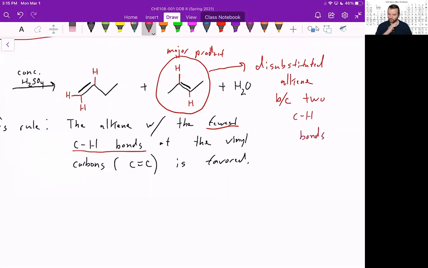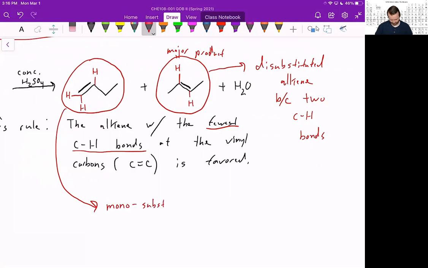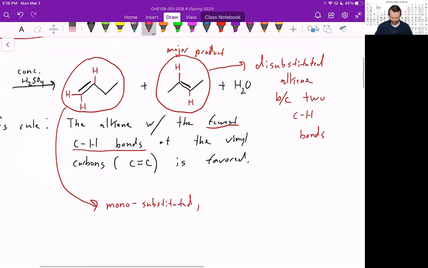The other two possible positions that could have been carbon-hydrogen bonds are substituted. To make a little clarity, the other one has three carbon-hydrogen bonds, and one has been substituted for an alkyl group. Therefore, this is monosubstituted, because it has three carbon-hydrogen bonds.